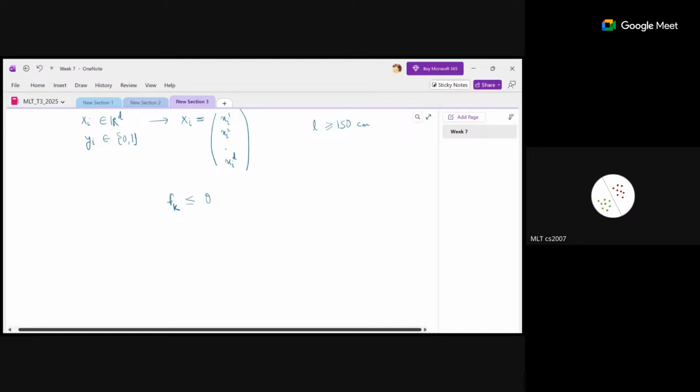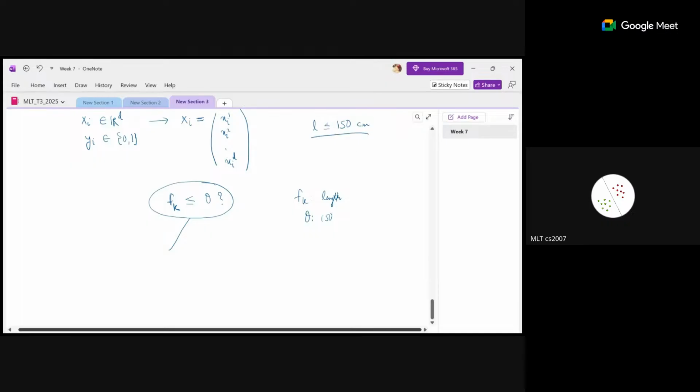Let's say this is the question that we have asked in my parent node. So I'm asking whether fk is less than or equal to theta. So it can give me two answers, right? Let's say fk denotes length, and theta denotes 150 centimeter for this example.